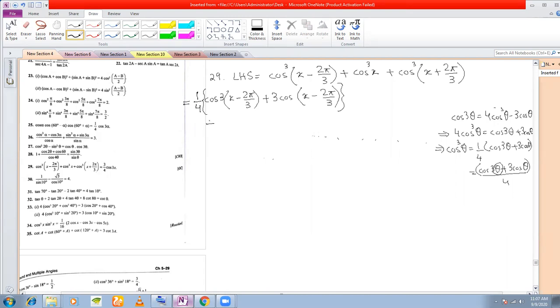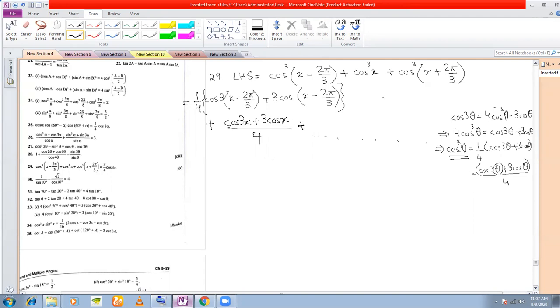Plus cos cube x, which is cos 3x plus 3 cos x divided by 4.